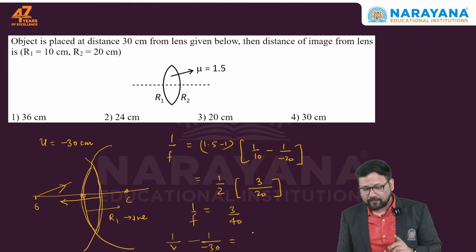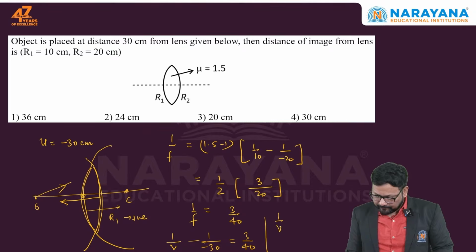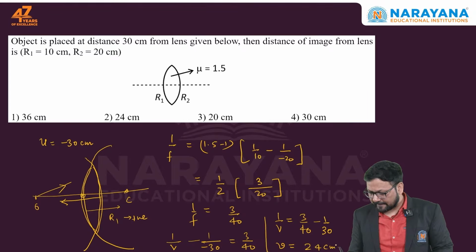Focal length will be positive for a converging lens, convex lens here. So that will be 3 by 40. What is 1 by v? 1 by v is 3 by 40 minus 1 by 30. And from here we can calculate v as the second option, 24 centimeter.